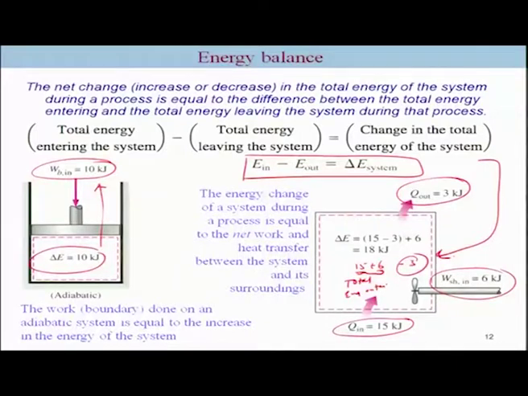But if you consider the sign convention, then the sign convention says that heat supplied is positive and work done by the system is positive, with work done on the system negative. So in other words, delta E is Q net in minus W net out.